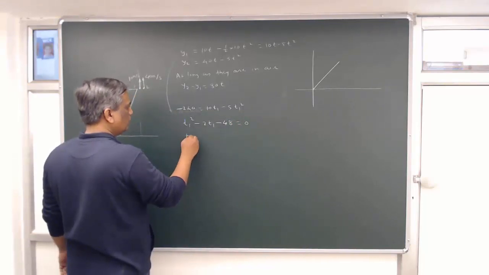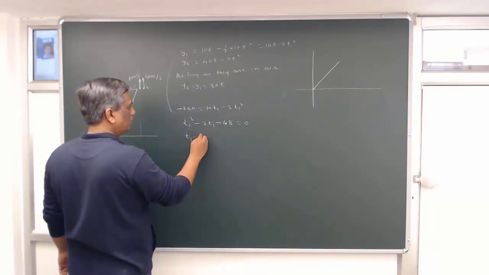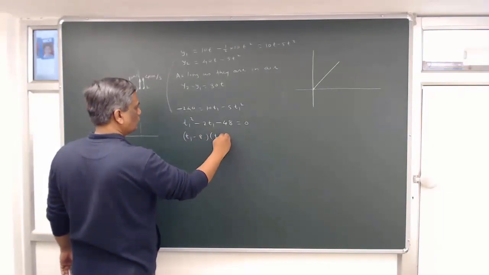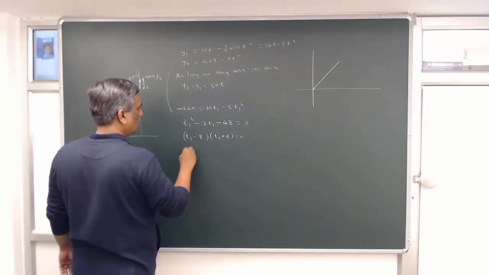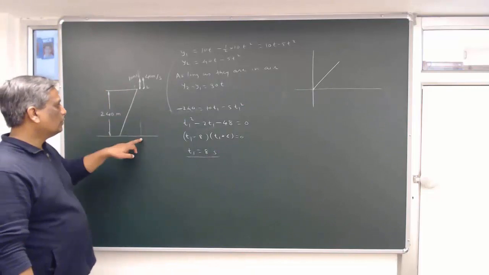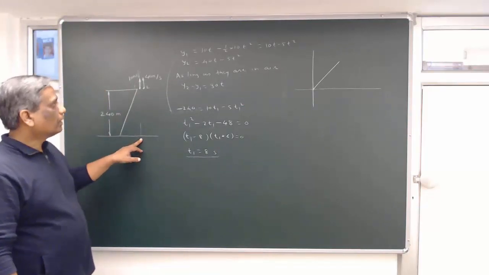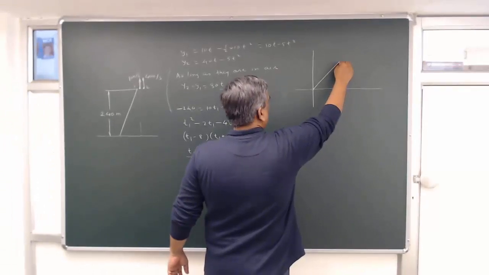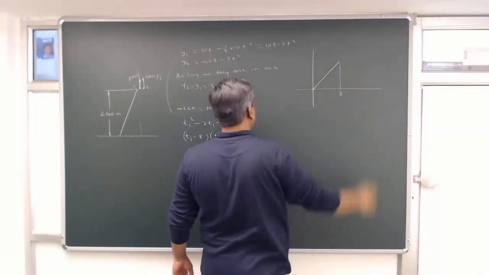So that's going to give me (t1 minus 8)(t1 plus 6) equal to 0. So I'm going to get t1 is equal to 8 seconds. So after 8 seconds, this particle is going to hit the ground. Right? So it's going to be 8 seconds. This graph is going to end at 8 seconds.